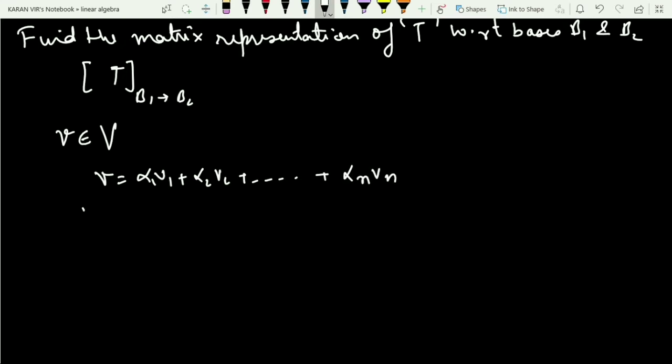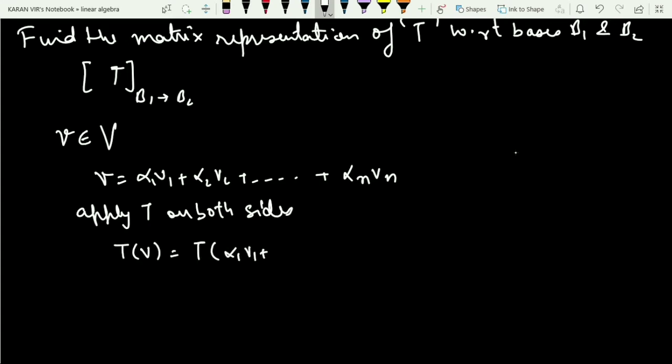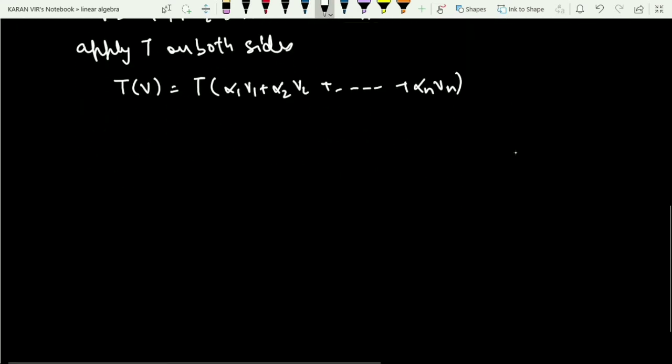Now apply T on both sides. So once we apply T on both sides, what do we get? That is, T of v equals T of alpha1 v1 plus alpha2 v2 and so on to alpha n vn. Now since we know that T is a linear transformation, you can apply the property of linear transformation.